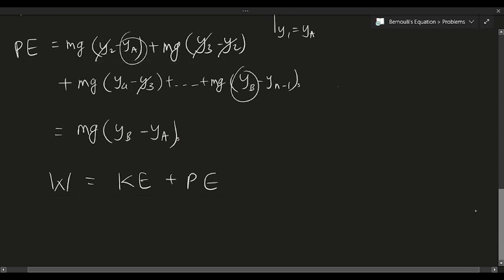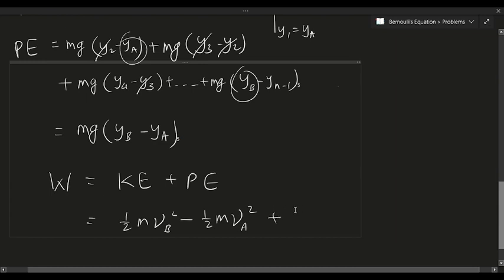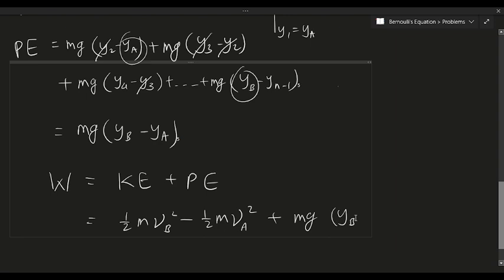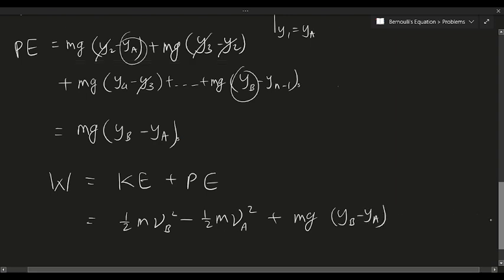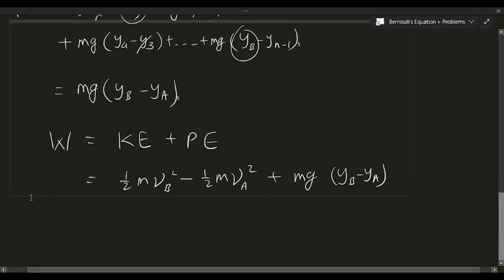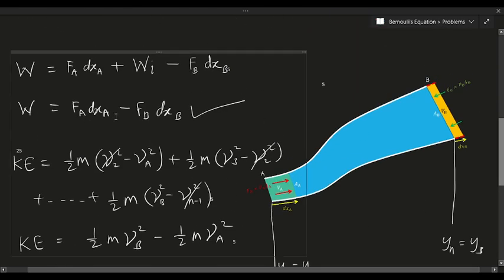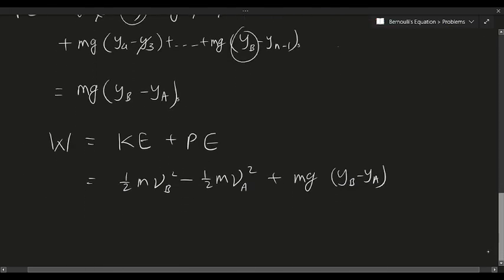Now we make substitutions for them. We have already calculated the kinetic energy change as half m vb square minus half m va square, plus the change in potential energy, mg (yb minus ya), and for the work done we substitute Fa dxa minus Fb dxb.